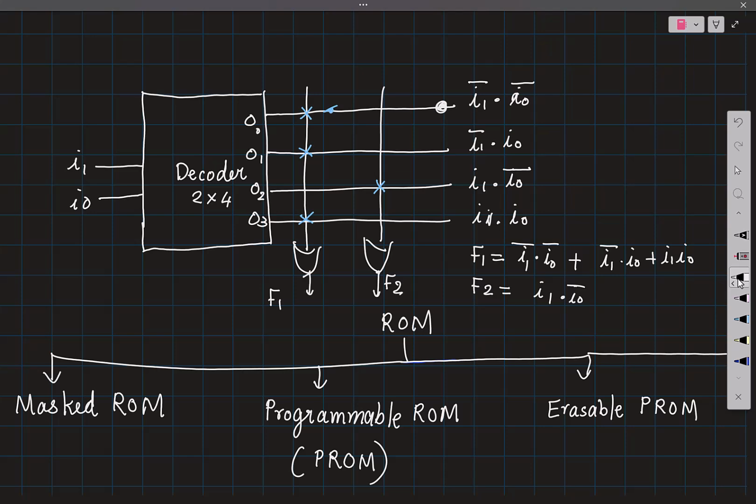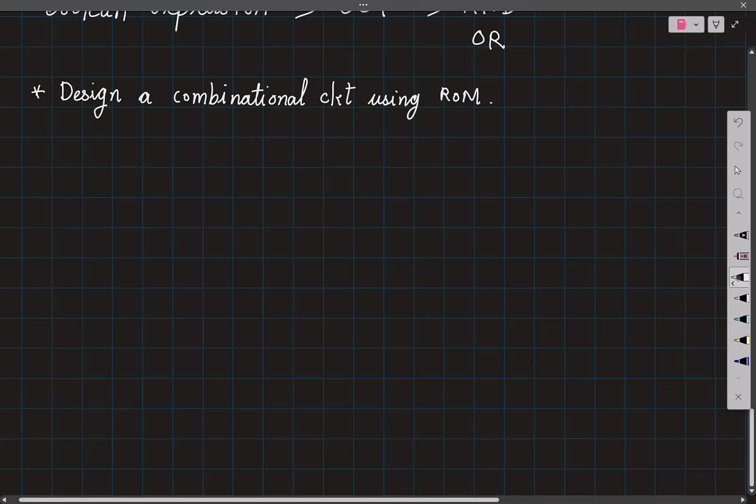So let me give you an example problem to work with. So let's say you have to design a combinational circuit using a read-only memory. This has 3-bit input.